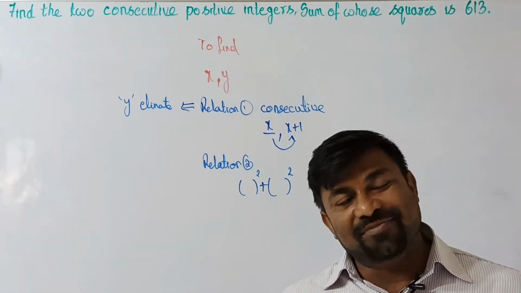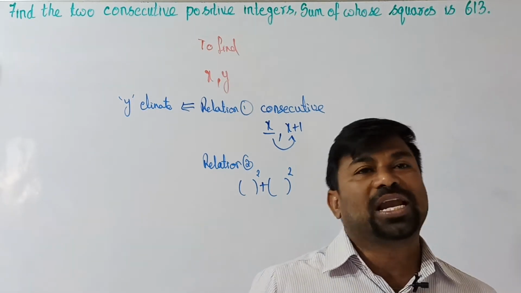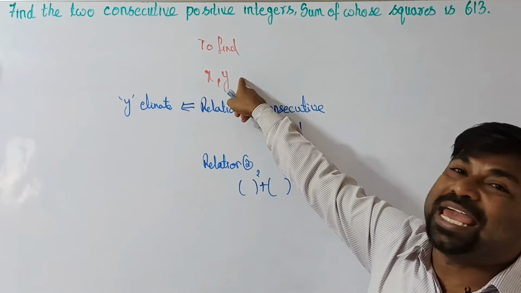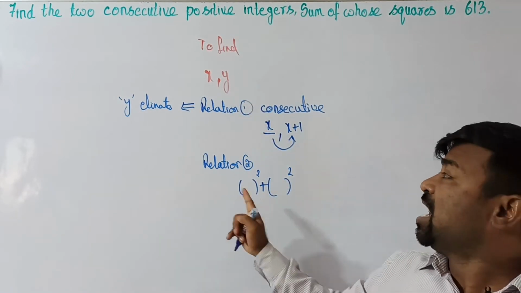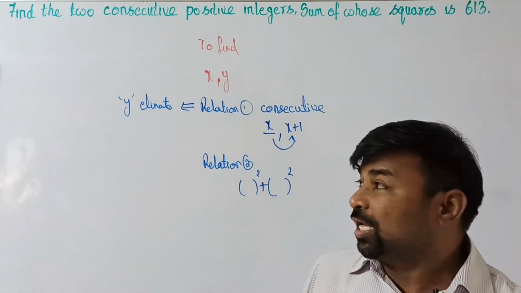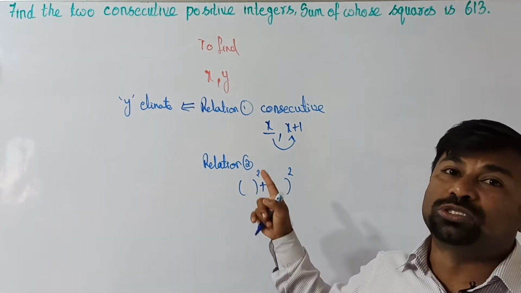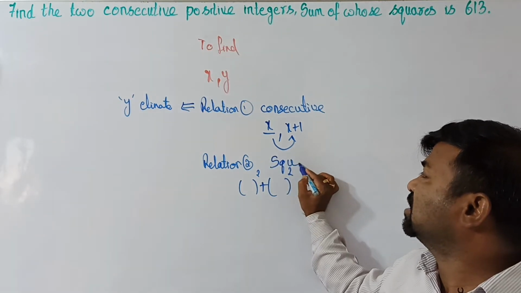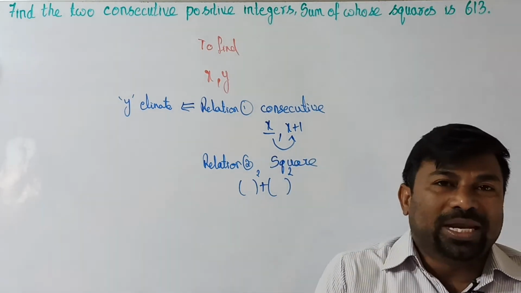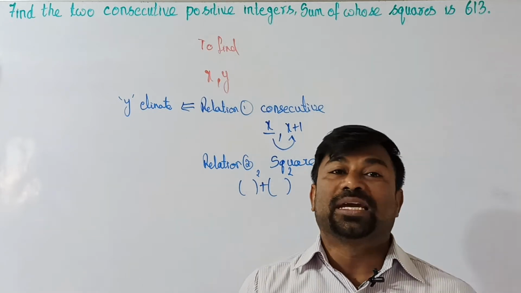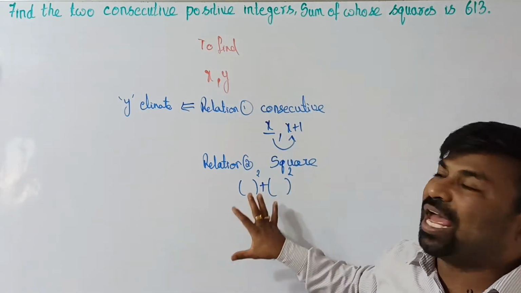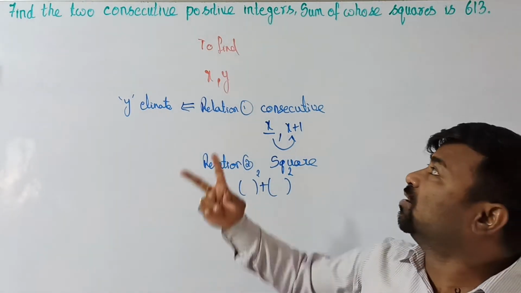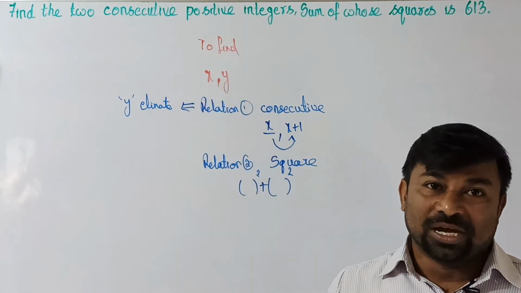So he has given two relations. One relation we use to replace y, and the other we use to bring the power 2, because the word square itself is asking us to raise to the power 2. Let's utilize relation 1 and relation 2 to figure out the two numbers.